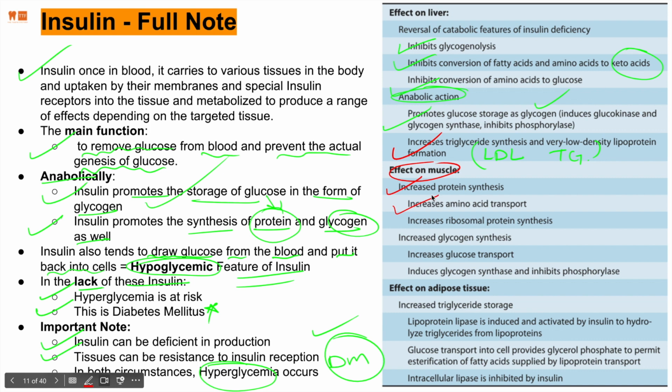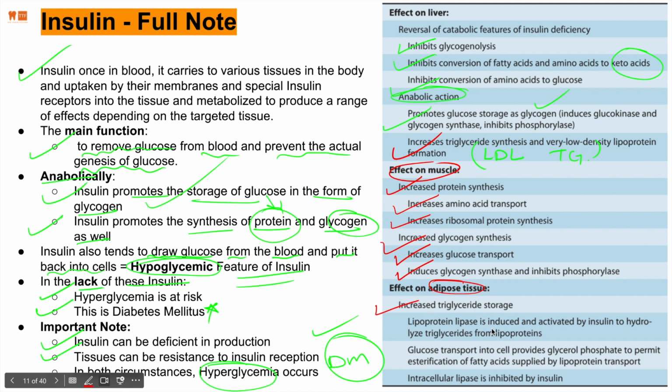It increases amino acid transport, increases ribosomal protein synthesis, increases glycogen synthesis, mobilizes glucose, induces glycogen synthase, and inhibits phosphorylase. Later, on adipose tissues, it increases triglyceride storage.